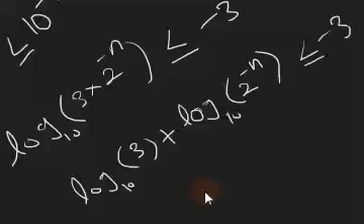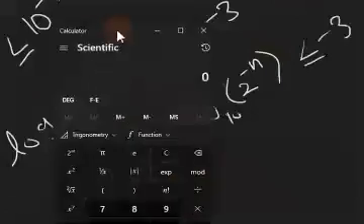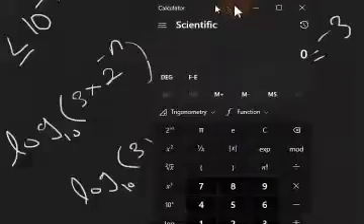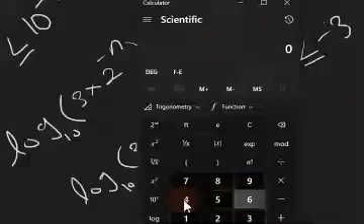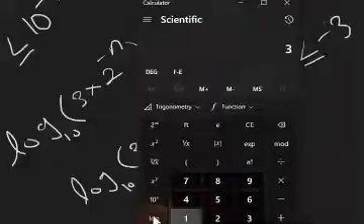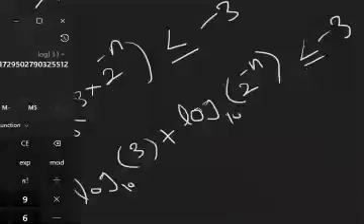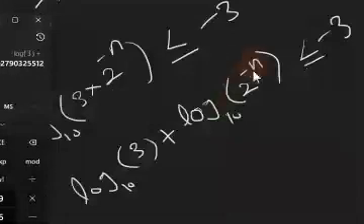Now I take my calculator. You can use a non-programmable calculator in your exam, right? Log base 10 of 3, plus this one. You can take this negative n to the front of the log, right?